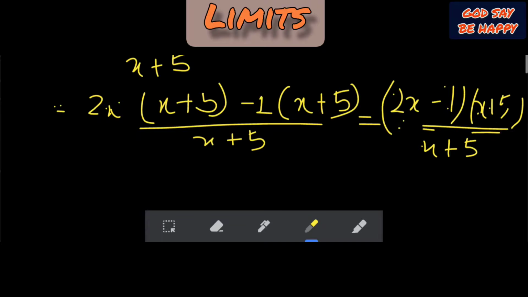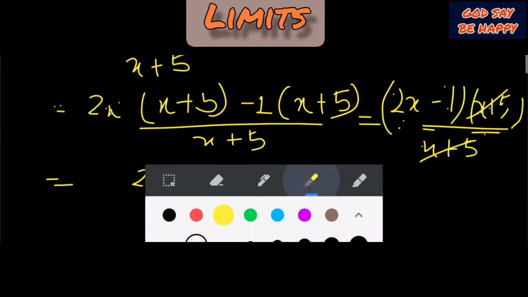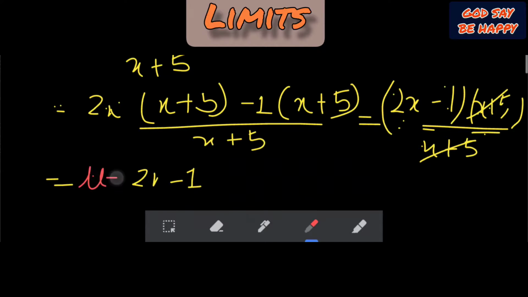Cancel x plus 5. We have 2x minus 1. Limit 2x minus 1, limit x tending to minus 5. We have to put limit everywhere.